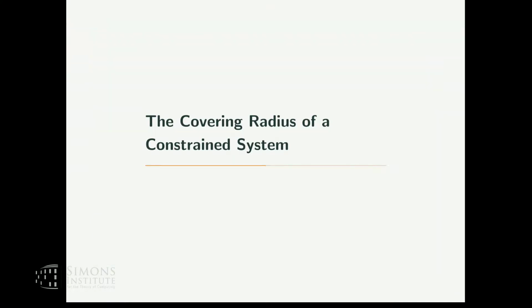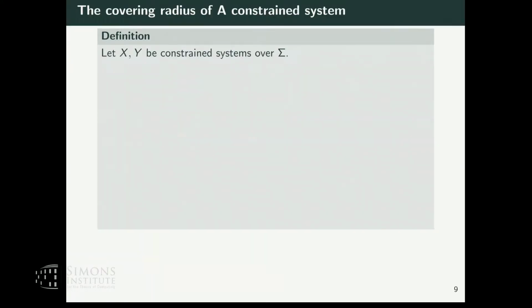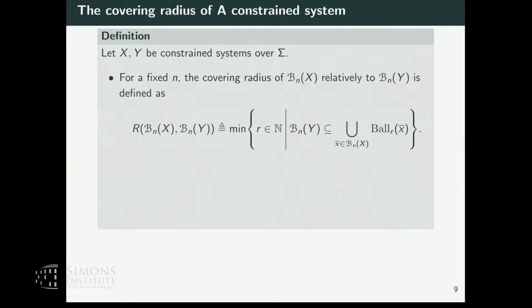Okay, so let's talk a little bit about the covering radius of constraint systems. So let x and y be constraint systems over some alphabet sigma. This radius that I was talking about, here it's a slightly more general definition. So we are looking at taking all the balls of radius r centered at the constrained codewords of x and trying to cover all the constrained codewords of y.